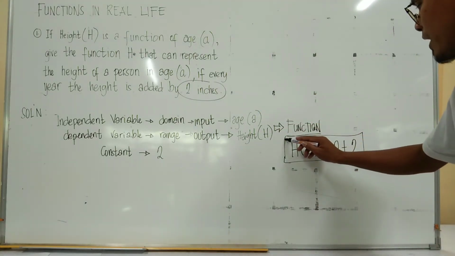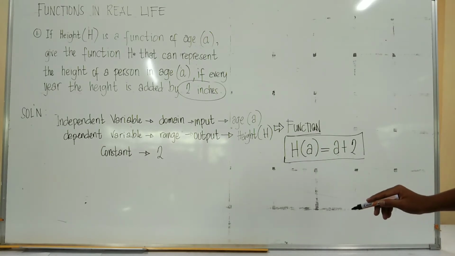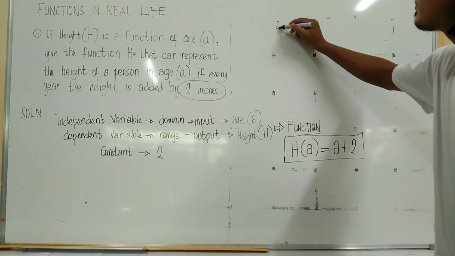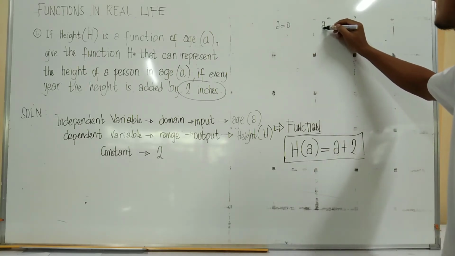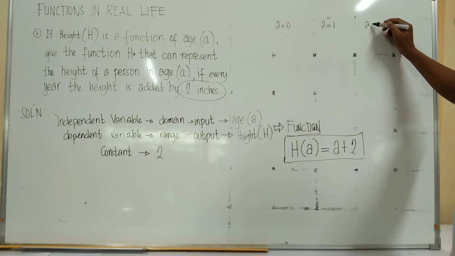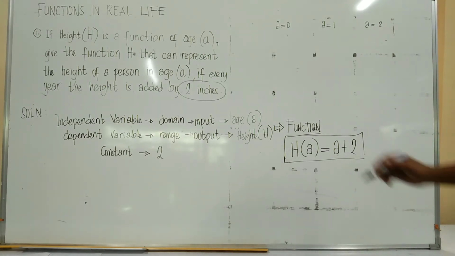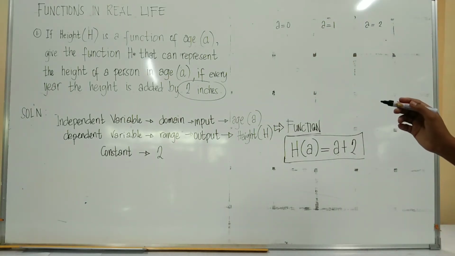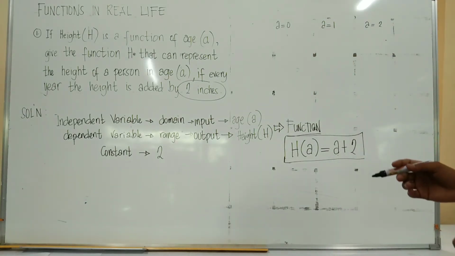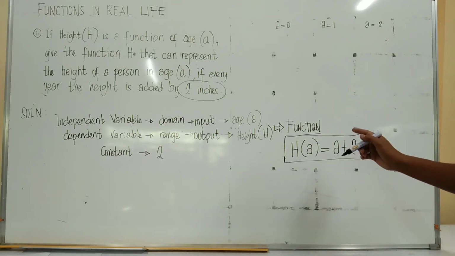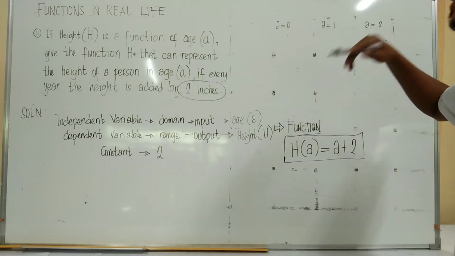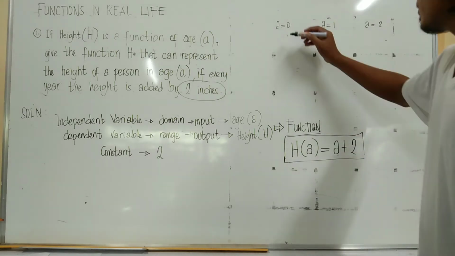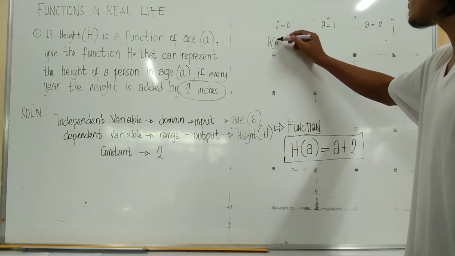If we try to check, we will put some values: a equals 0, a equals 1, a equals 2. Assuming that the age is 0, in real context we can say that this person is a newborn. So we can say by common sense that the height is 2 inches.